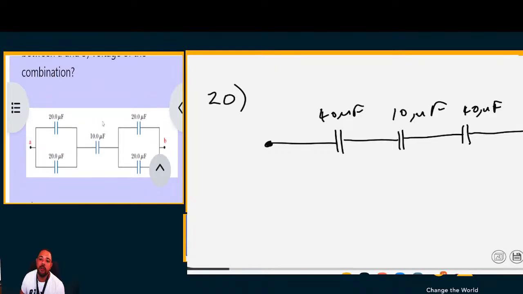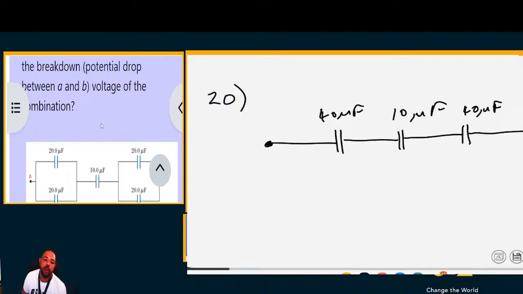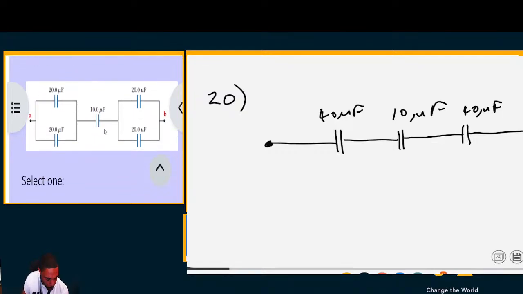We want the potential drop or the voltage drop between A and B. Now the easiest way is to just put points in between.